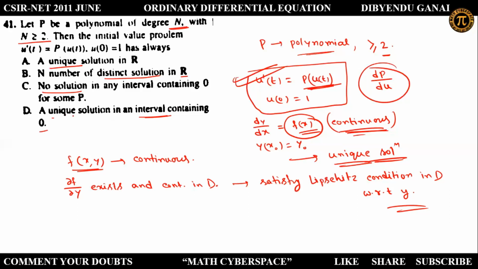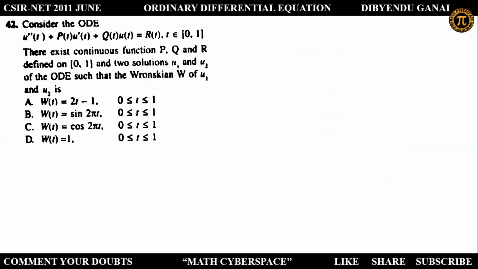In option D, you can see a unique solution in an interval containing 0. Our initial condition is u(0) = 1, which means the interval contains the initial point 0. So a unique solution in an interval containing 0 will be the correct option. If you have any doubt, you may comment in our comment section also.